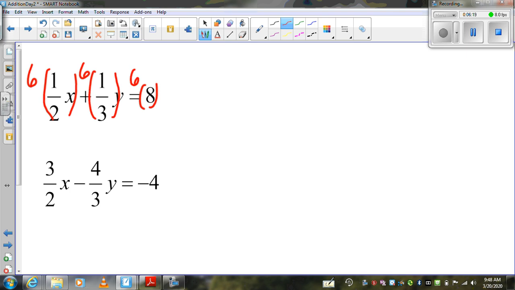You're mathematically equivalent. So this becomes 3x plus 2y is equal to 48. The bottom, let's talk about this one. What's the number that 2 and 3 both go into? Well, that's also 6.